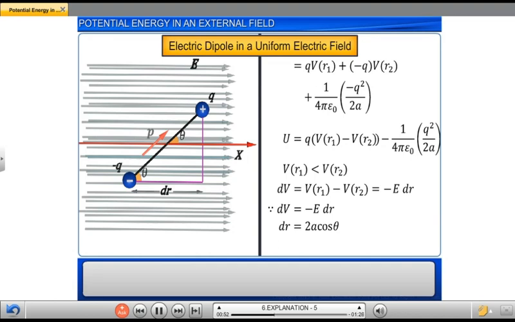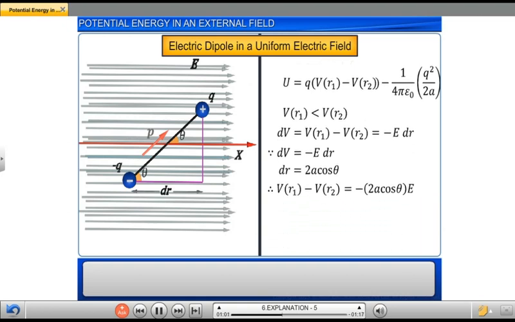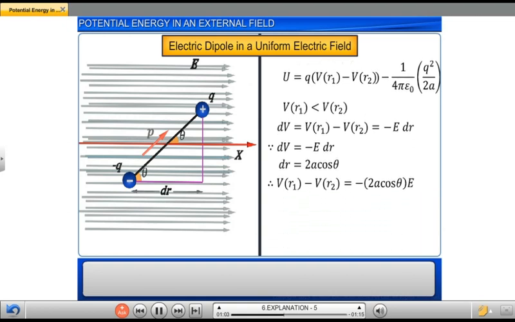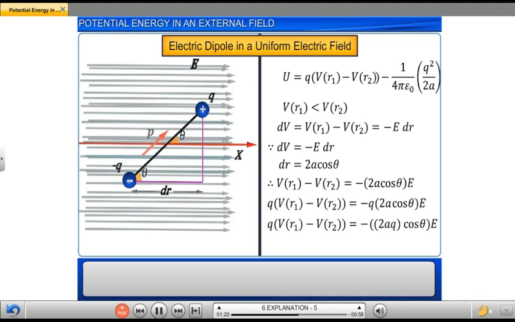Therefore, V of R1 minus V of R2 will be equal to minus 2a cos theta into E. Multiplying both sides with Q, we get Q into V of R1 minus V of R2 equal to minus Q into 2a cos theta into E. Hence, Q into V of R1 minus V of R2 can be written as minus 2aq cos theta into E.